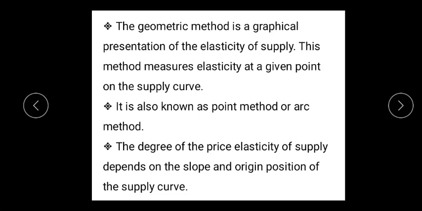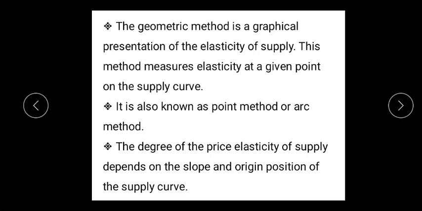By using this method, the degree of the price elasticity of supply depends on the slope and origin position of the supply curve. Or in other words, geometrically, elasticity of supply depends on the origin and slope of the supply curve. Assuming the supply curve to be a straight line and positively sloped, that is, sloping upwards, we can conceive three possible situations of elasticity of supply.